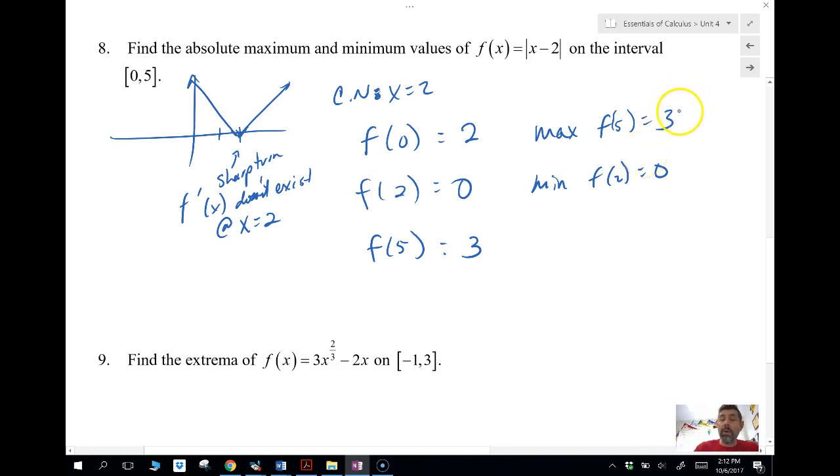So this is my max value, this is my min value. Remember that a value is our y value. So we're not looking for the x value that's the greatest, we're looking for the y value that gives us the greatest or the least.